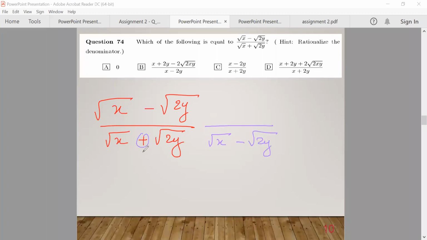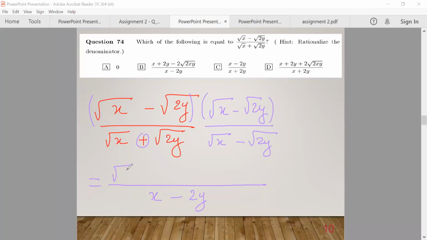So we change this sign here, and multiply by the same thing in the numerator. So in the denominator, we'll have root x squared, so x, minus root 2y squared, 2y.